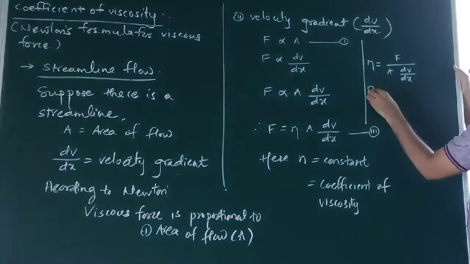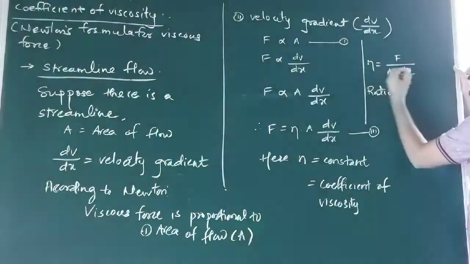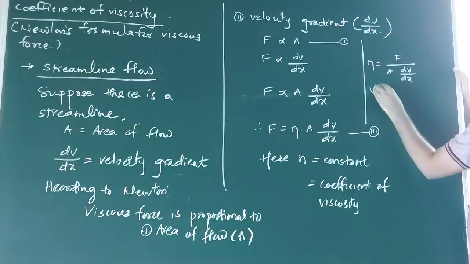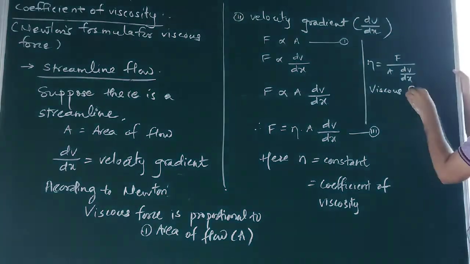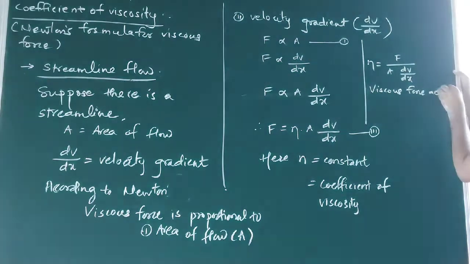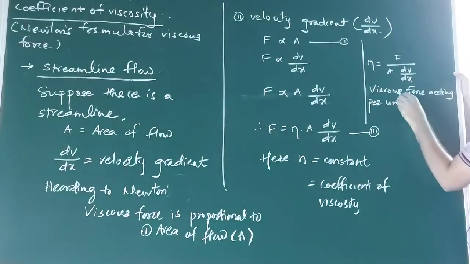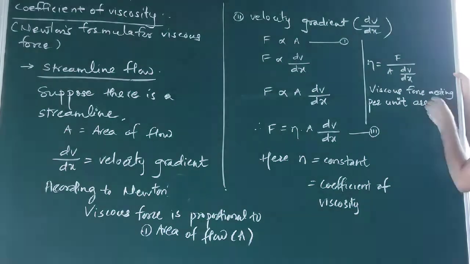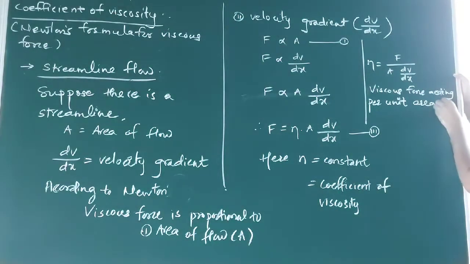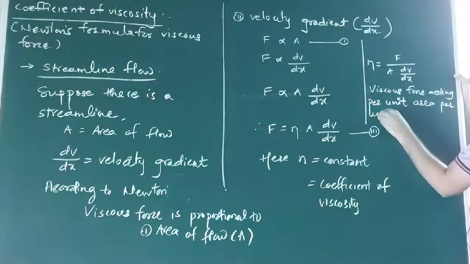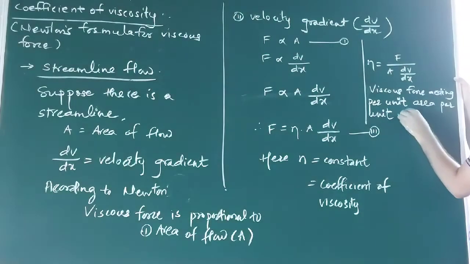Instead of ratio I can say it is the viscous force acting per unit surface area of that liquid per unit velocity gradient.